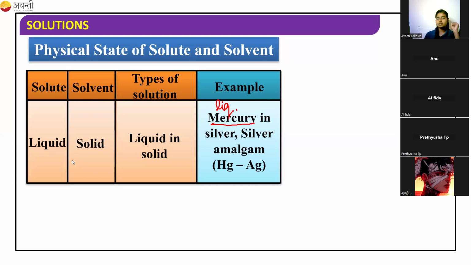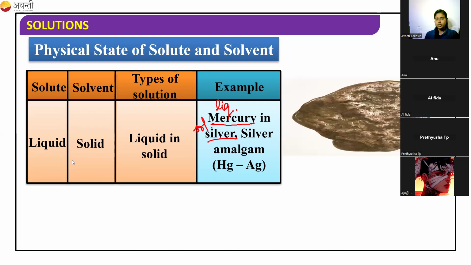Has anyone noticed before? That is nothing but mercury. It is a d-block metal. Now that is in silver. Silver is a solid metal. So liquid is present in solid. It is an example for liquid in solid type of solution. So silver metal, and above that we have a liquid, mercury.